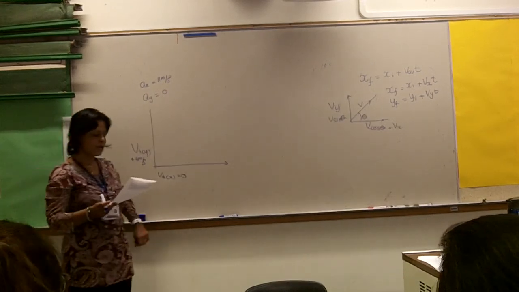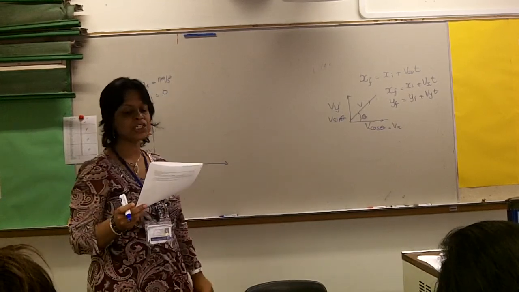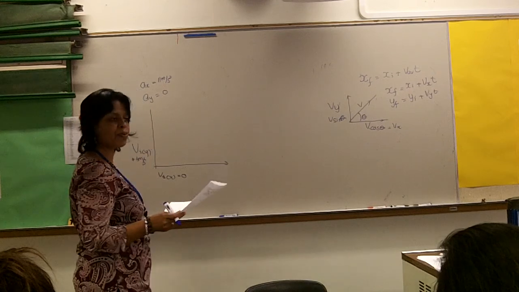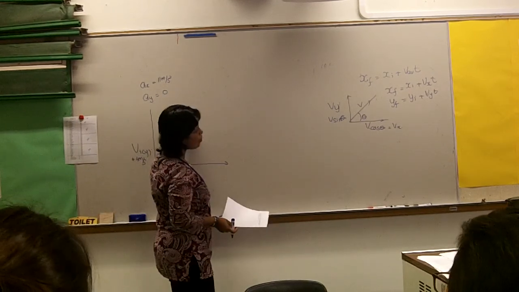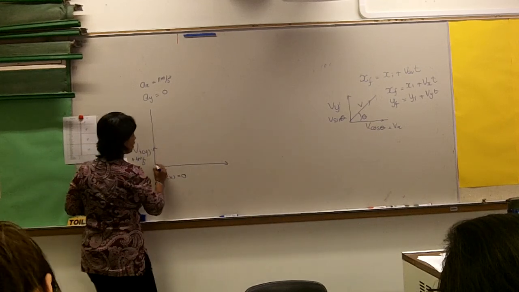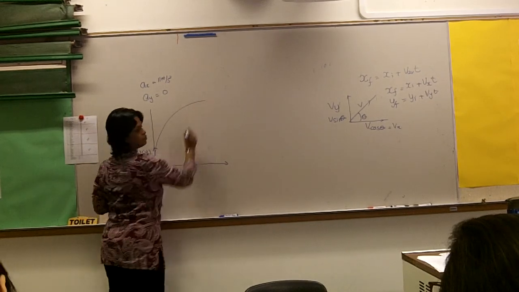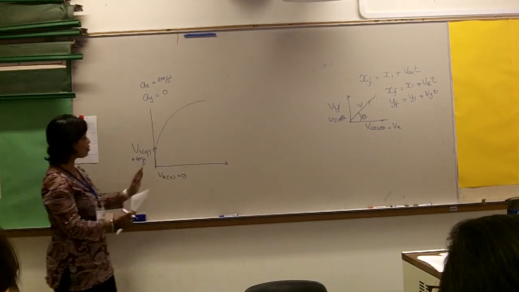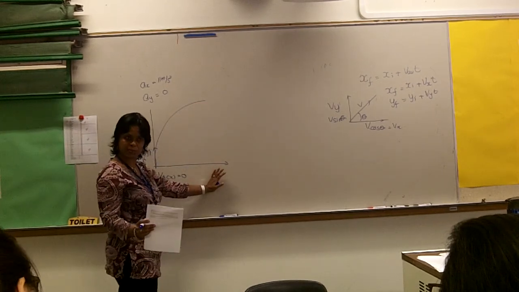Now you are finding the horizontal and vertical distance it moves within 5.5 seconds. It tries to fly like this, but because the acceleration is in this direction, it finally moves like this. So we are trying to find how much it moved vertically and horizontally.